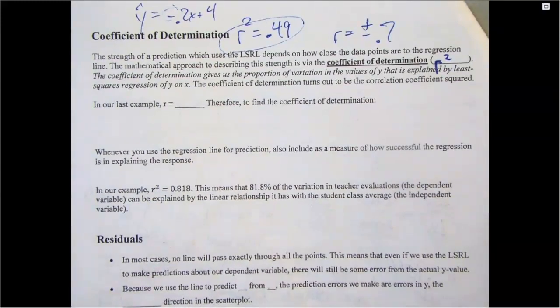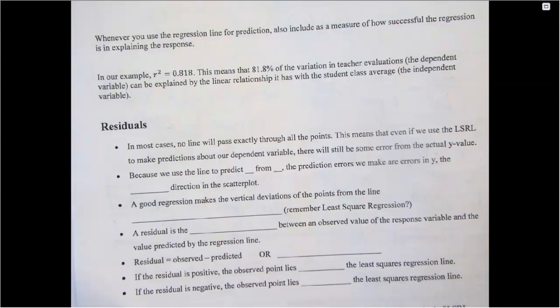So the grade in the class almost fully predicts how the student will evaluate the teacher. It gets 81.7% of the way there. There's a bunch of factors that go into the evaluation of the teacher. If we just look at the student's grade, we have covered 81.7% of the factors.